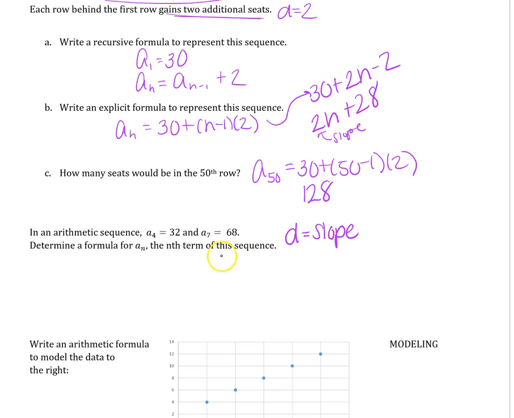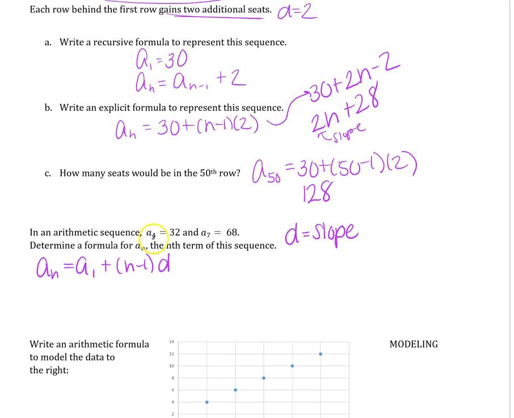In this next problem, I have the 4th term and the 7th term, and I want a formula to represent this sequence, which I know the formula for the nth term is this. That means I'm going to need the first term and the common difference. I can find the common difference right away because they gave me 2 terms in the sequence.